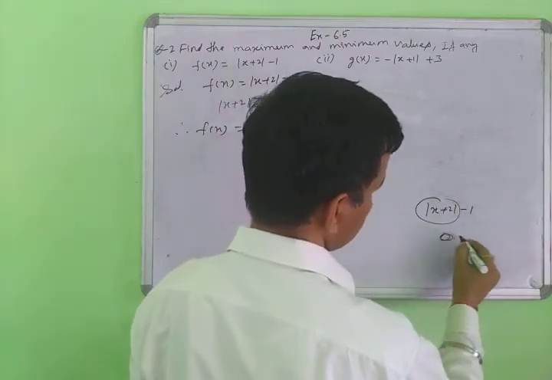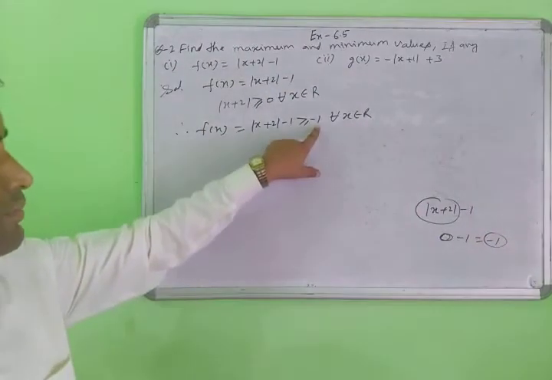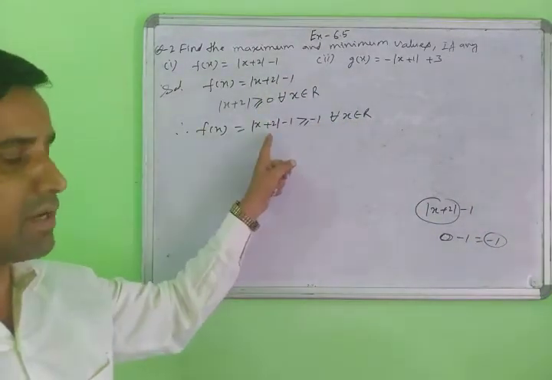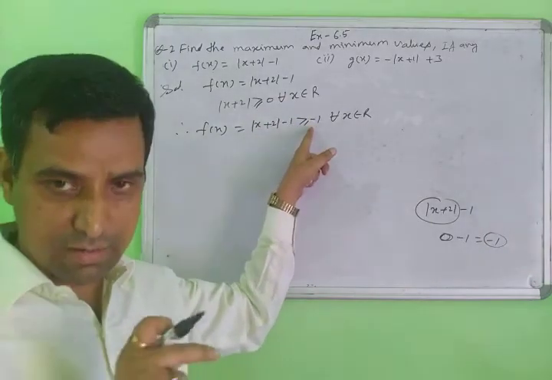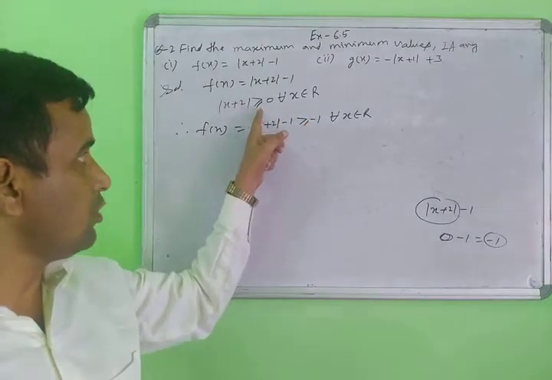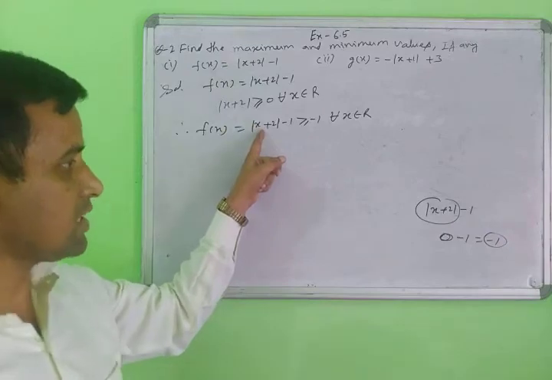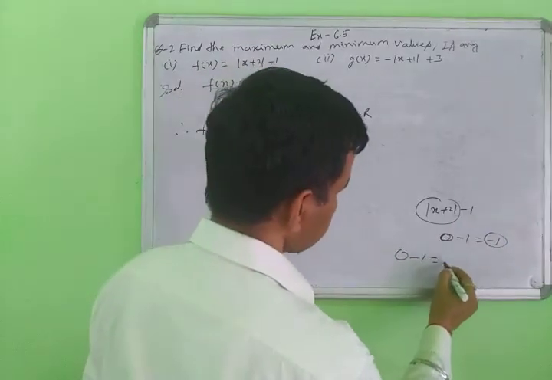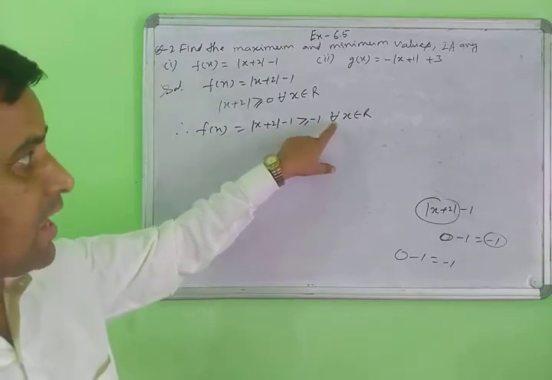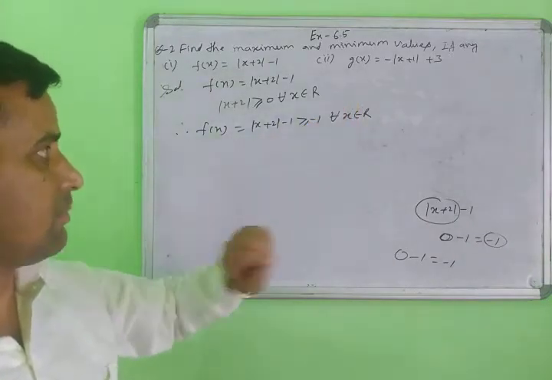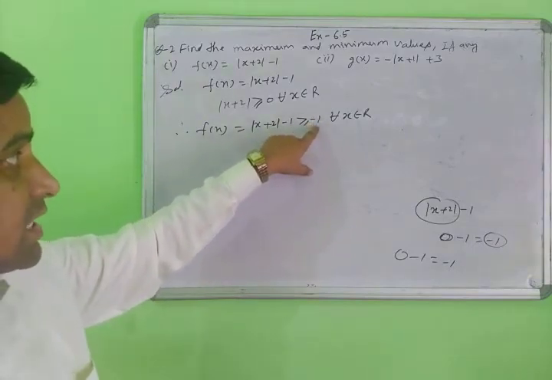Suppose the minimum value here is 0, so 0 minus 1 is minus 1. So whatever real number you put in this function, the result will always be greater than or equal to minus 1.